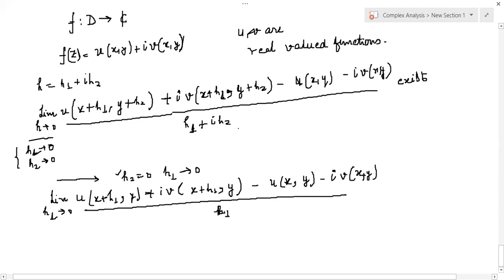Okay, now if you are aware of the definition of partial derivatives, this condition qualifies what?